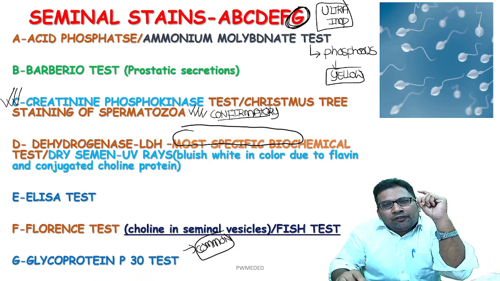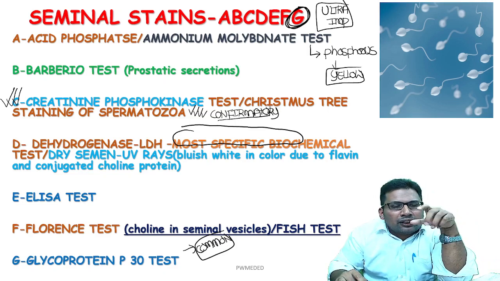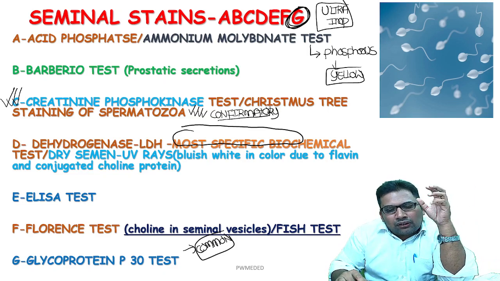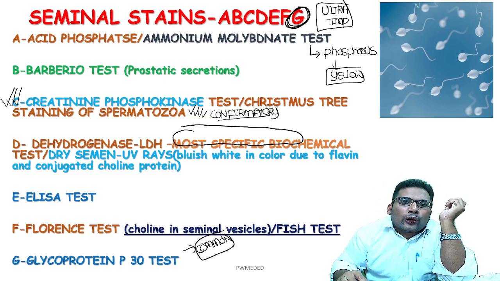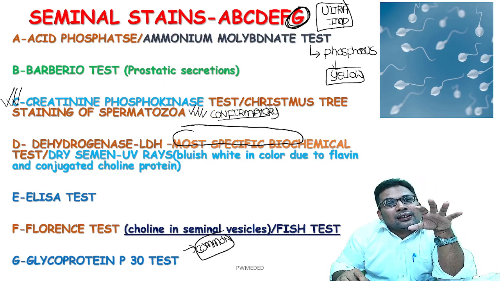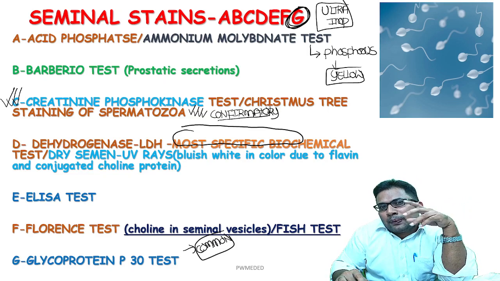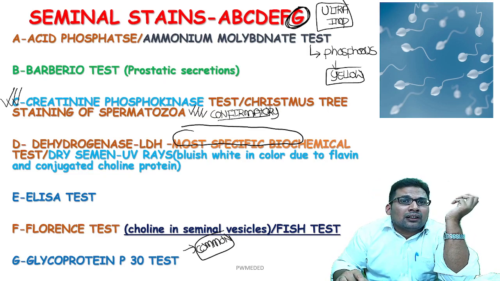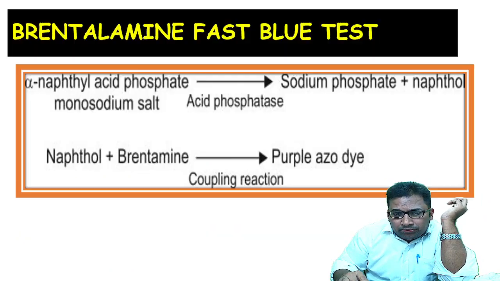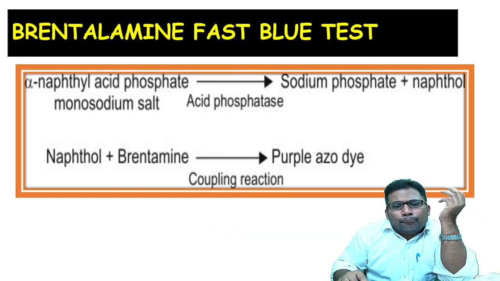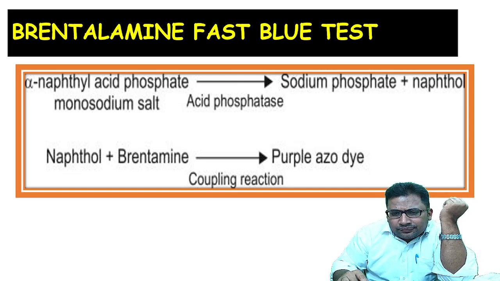Okay, so if yellow needle shaped crystals are given, Barberio. If choline iodide dark brown crystals are there, then it must be Florence test. So this is about seminal stain. So if question asked about blood stain, Takayama and Teichmann, and other test, that is a screening test for blood stain. Yes, there is Brentalamine fast blue test.